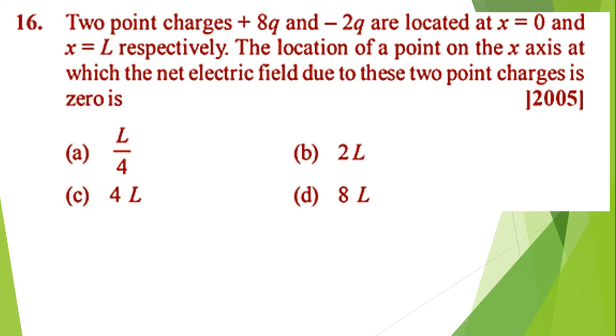Next, two point charges, capital 8Q and minus twice Q, are located at x equal to 0 and x equal to L respectively. The location of a point on the x axis at which the net electric field due to these point charges is 0. Now we find a point P at which the net electric field intensity is 0 according to this concept.